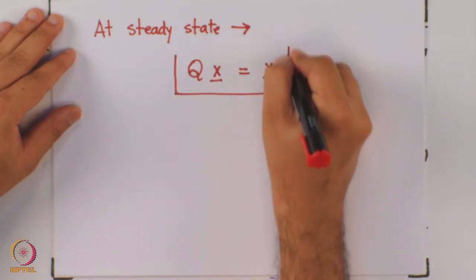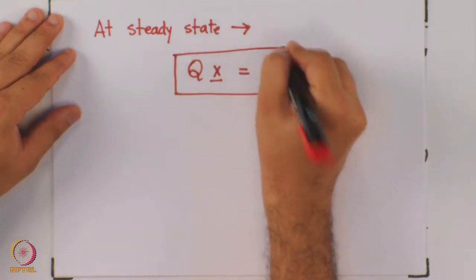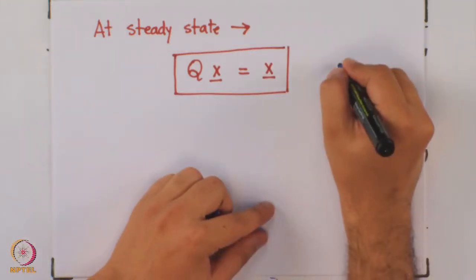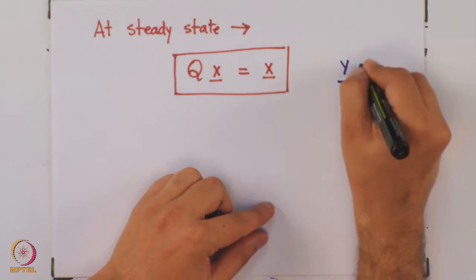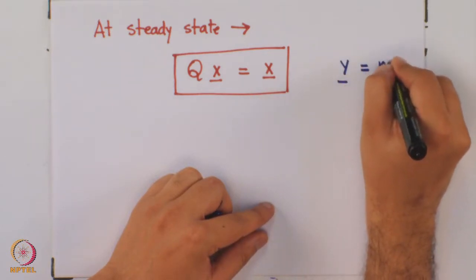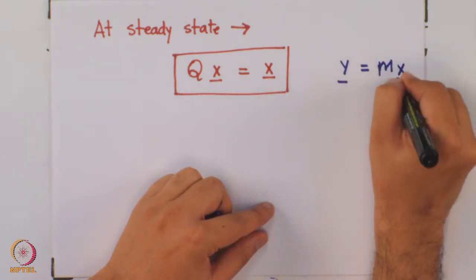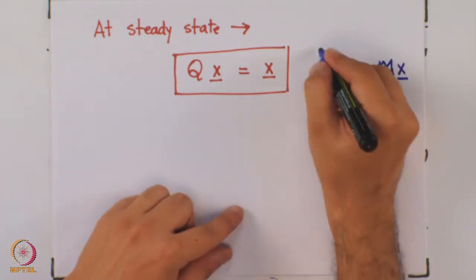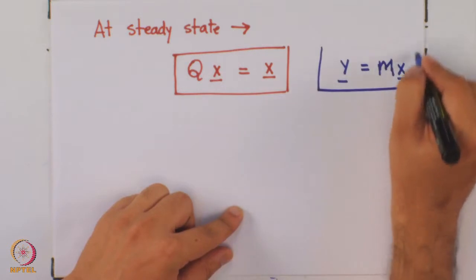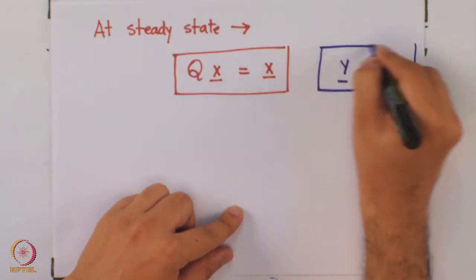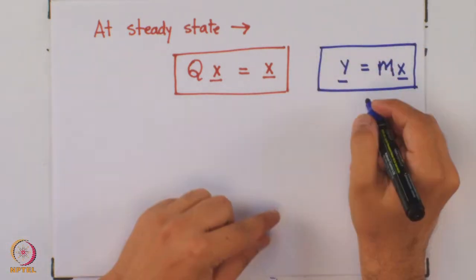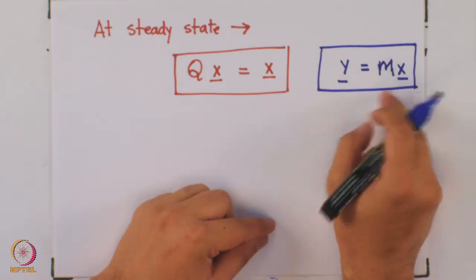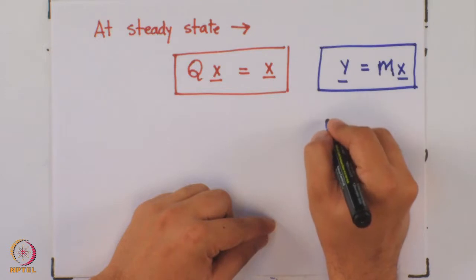at steady state I know that Qx is equal to x. That's what I am interested in solving, and what we have looked at just now is that y is equal to Mx. What we have just seen in linear algebra is that when y and x are collinear, that means there is no rotation event that has happened.